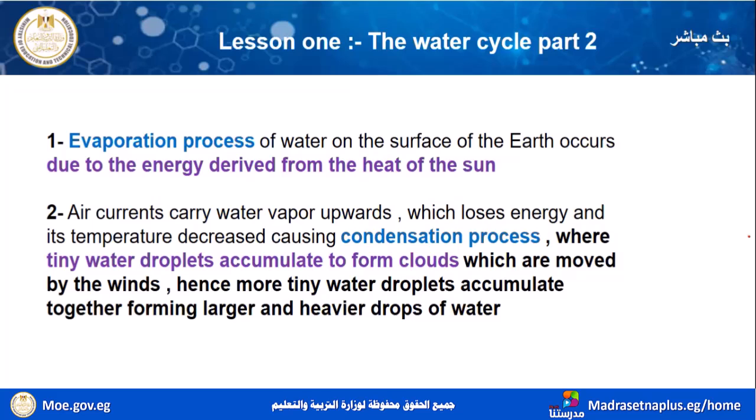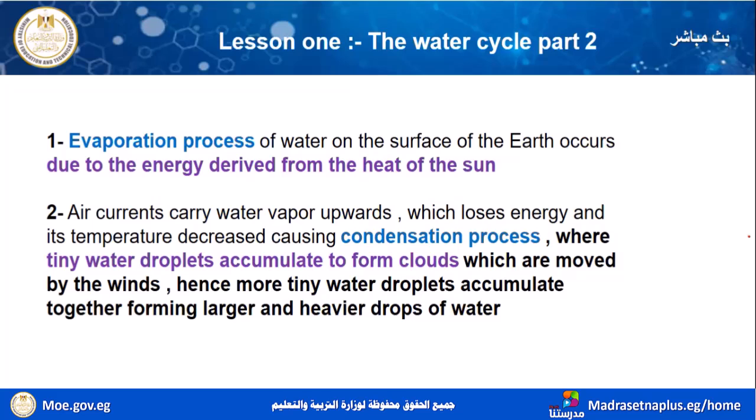Air currents, we said, are air moving in a vertical direction. This movement of the air in a vertical direction is called air current. When air is heated, its density decreases, so hot air will rise up, while when air is cold, its density increases, so air falls down. This movement of the air upwards or downwards is called air currents.